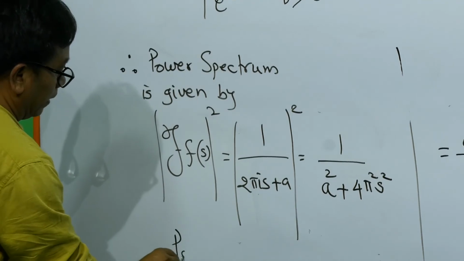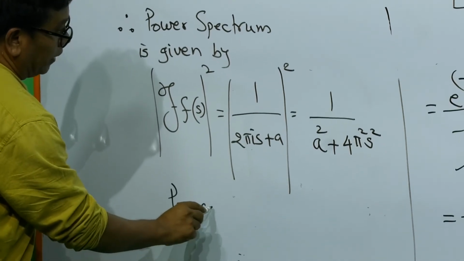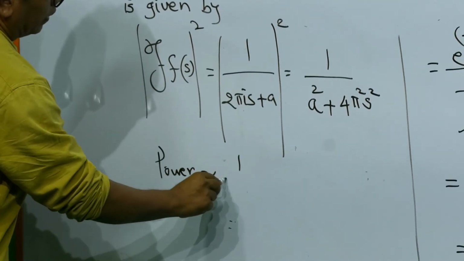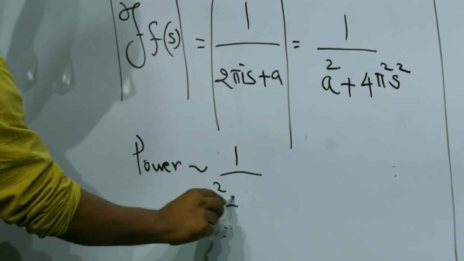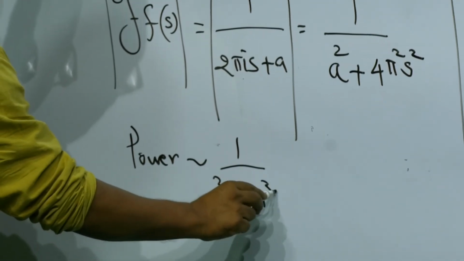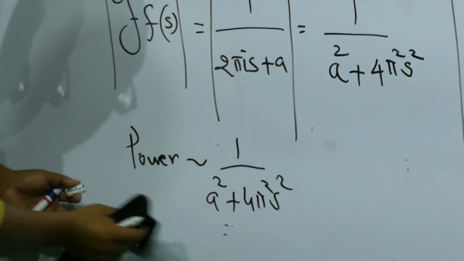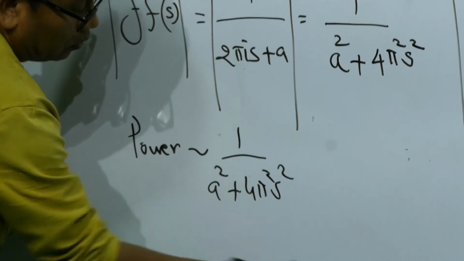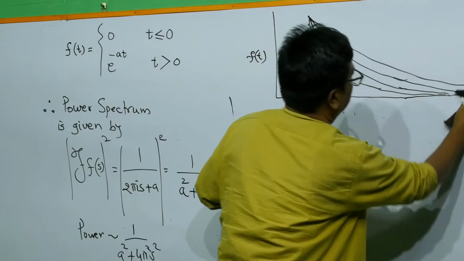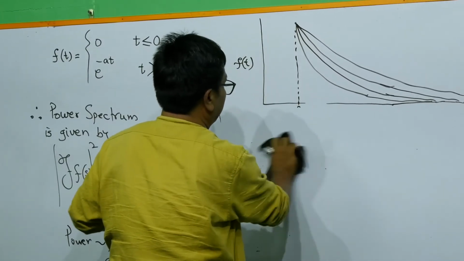So the power spectrum will be given by 1 upon a square plus 4 pi square s square, and the final spectrum will look like this. This was the spectrum for the decay function.